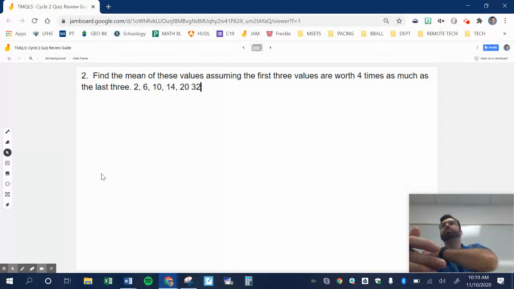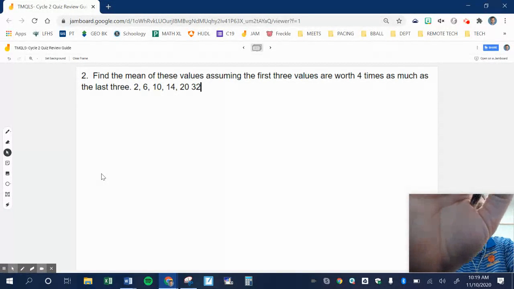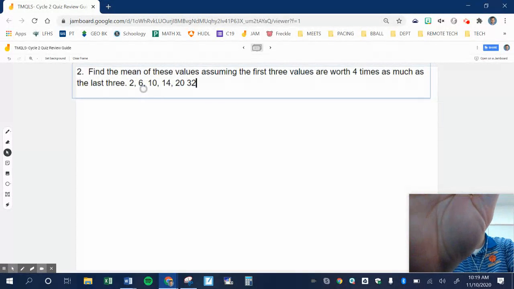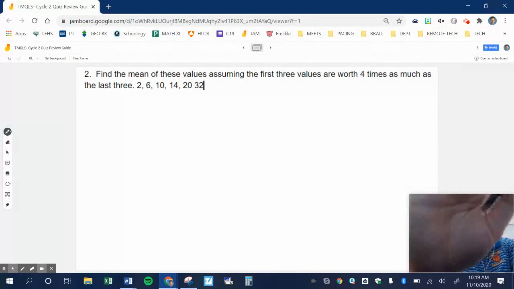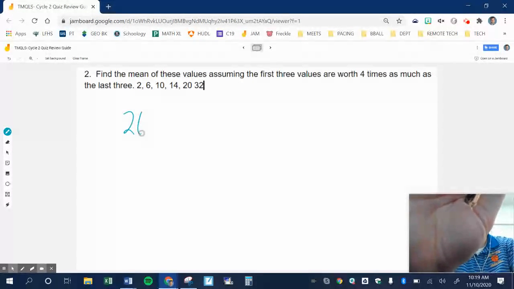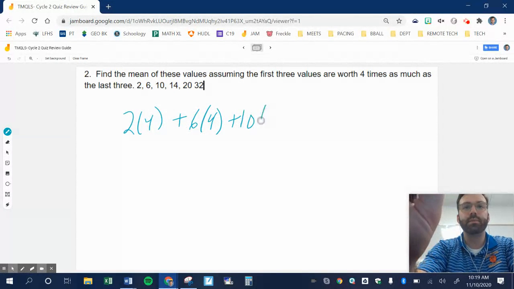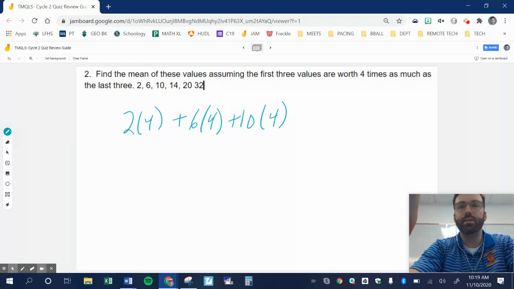If they're worth 4 times as much, that's going to look like this: 2 times 4 plus 6 times 4 plus 10 times 4, and then the last 3 are just worth 1.